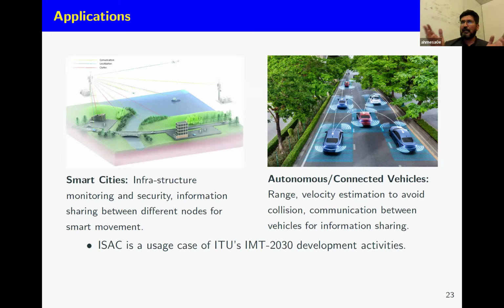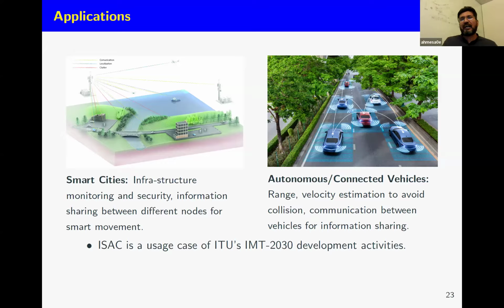So we need spectrum and hardware resources for both functions, right? If you use different hardware and different spectrum, there can be interference, and it can be expensive and bulky as well. That motivates the need for a combined or integrated system where we can have both integrated sensing and communication.